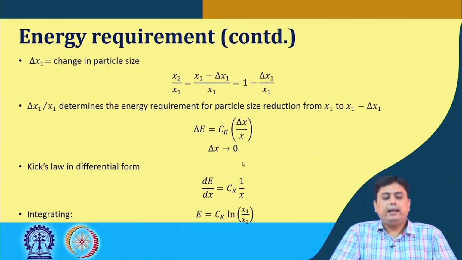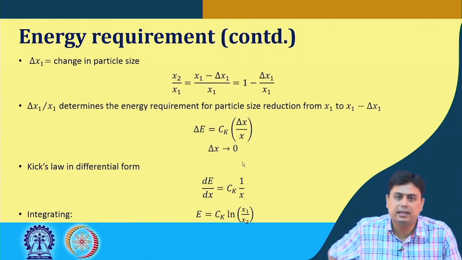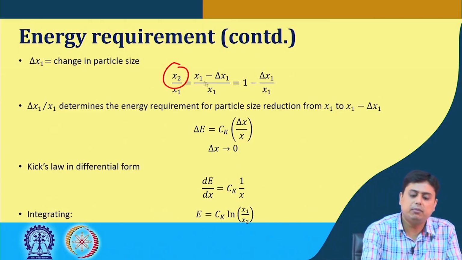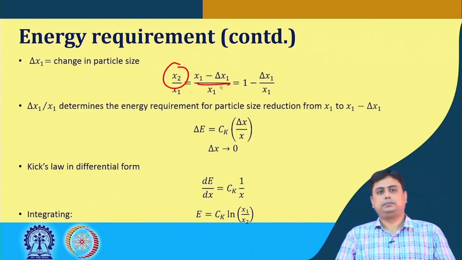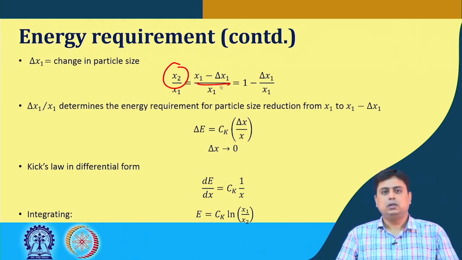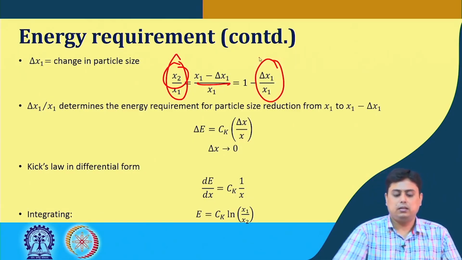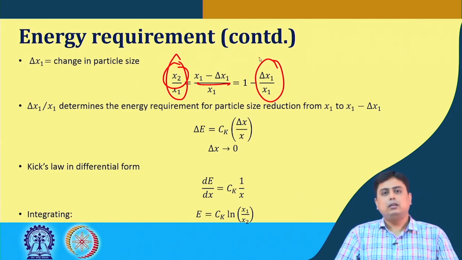So, if del x1 is the change in particle size, that means x2 is nothing but x1 minus del x1. So, this size ratio is basically del x1 by x1.